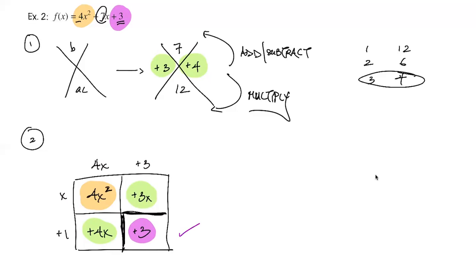And we can write our final answer as 4x plus 3 times x plus 1. And we could call the 4x plus 3 one of the factors, and the x plus 1 is the other factor. Okay?